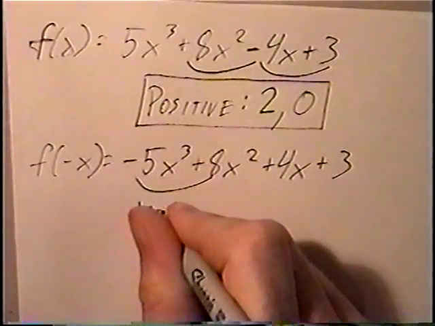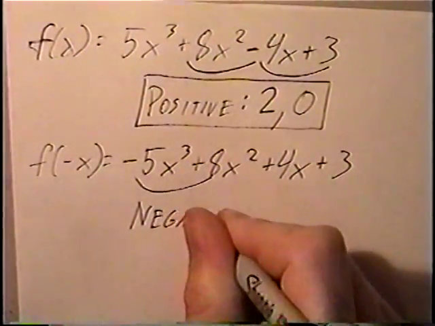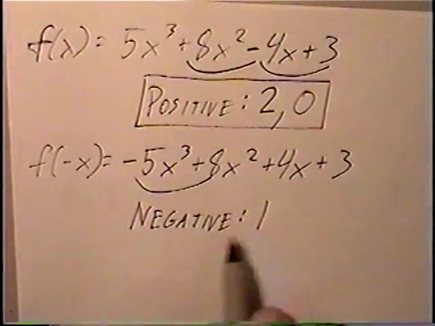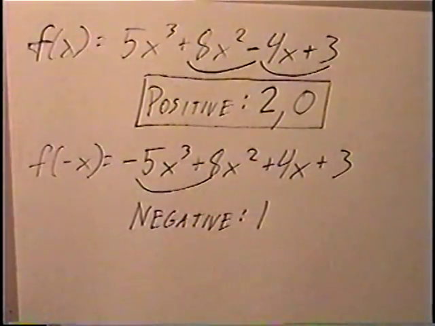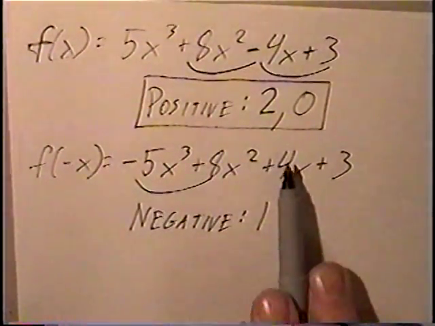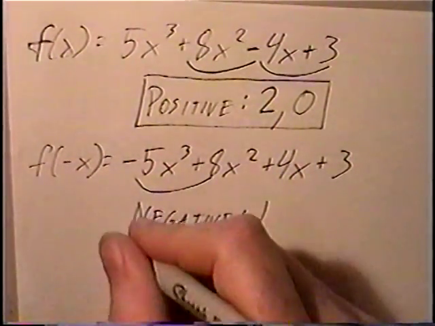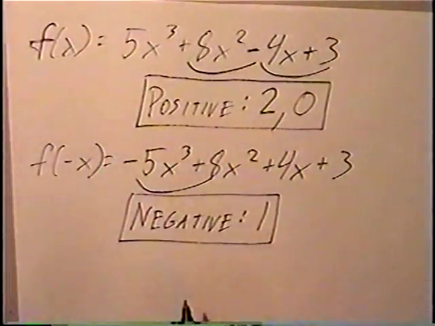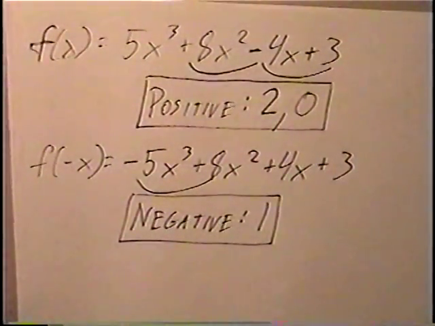So for the possible negative zeros, since we have one sign change, we'll have one possible negative 0. We cannot take away 2, we'll either end at 0 or 1 solution for these again. So the answer to the negative part would be one possible negative solution.